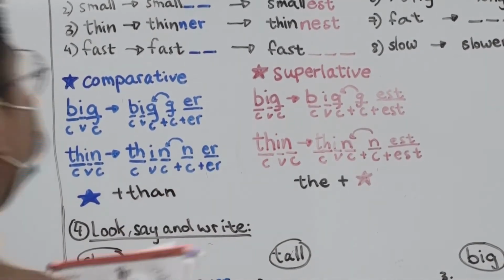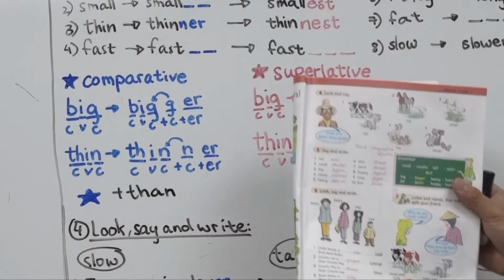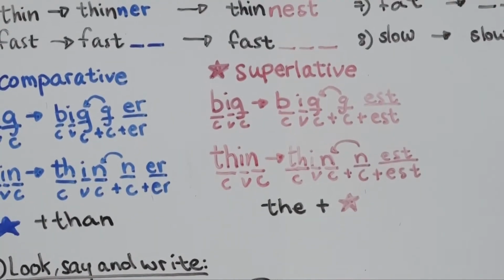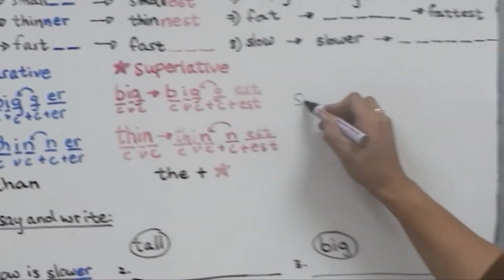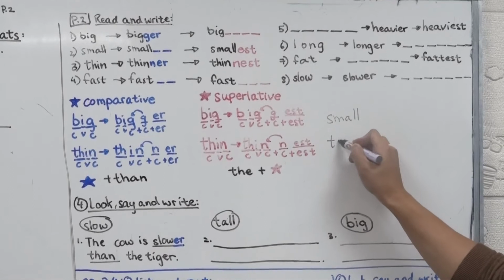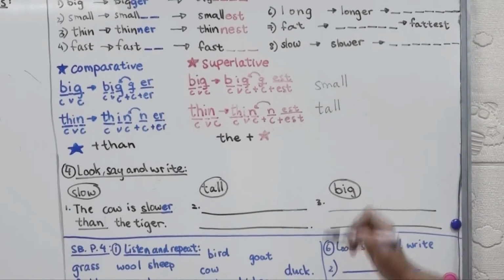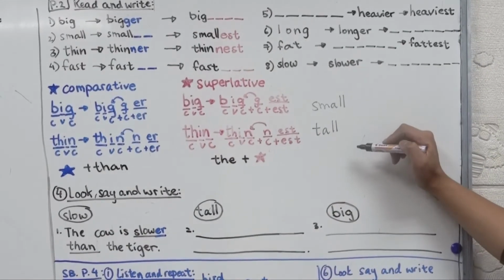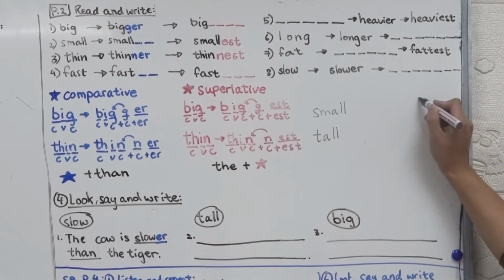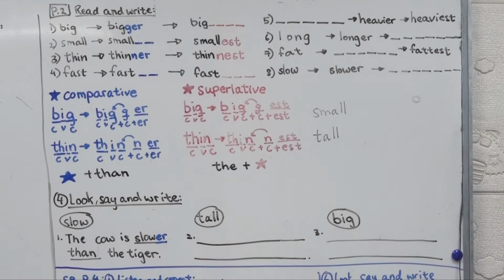So in the grammar part, we have the word small and tall, right? Small and tall. So I'll write that down here. Pay attention. We have small and tall, right? So we have two people. I will use another pen.